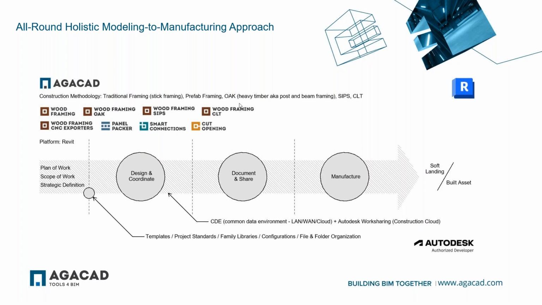This could be heavy timber, post and beam, or oak framing, SIPs or CLT, so construction methodologies or technologies. So regardless of that, we support all of these methodologies. However, the timeline and the approach still stays the same, and that's why we're trying to approach this as a holistic entity that we go through with every project, really.